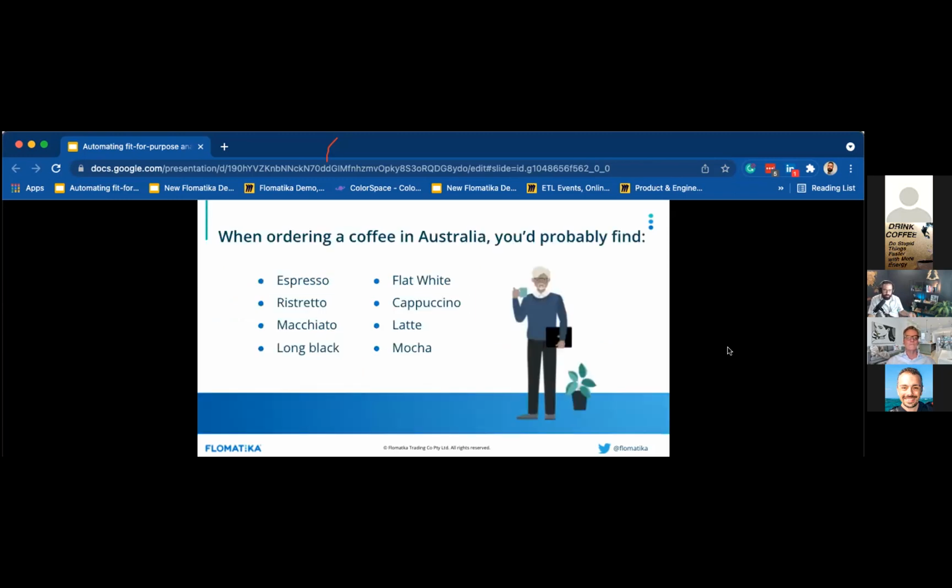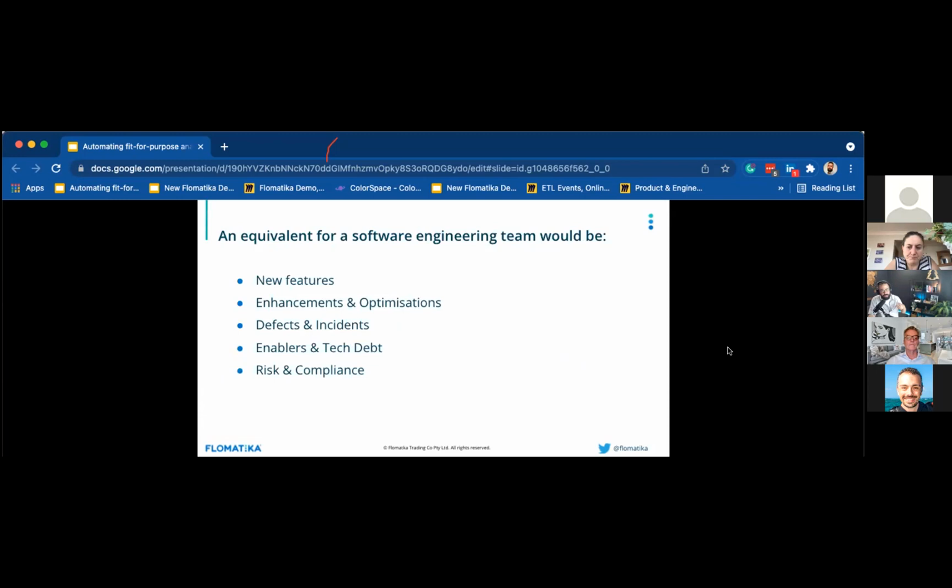So for instance, if you're ordering a coffee in Australia, you would probably find options like those on the menu, right? But an equivalent for a software engineering team could be, well, I want a new feature. What is the service that you provide?